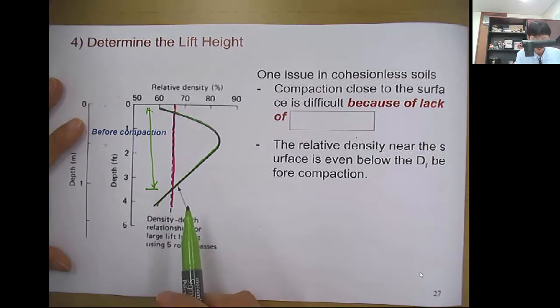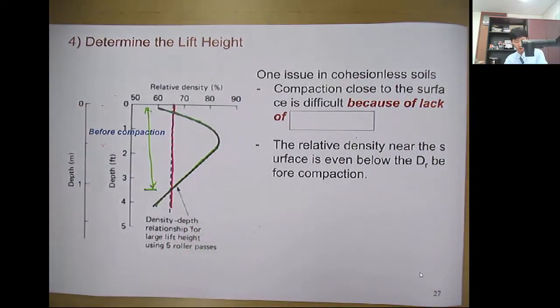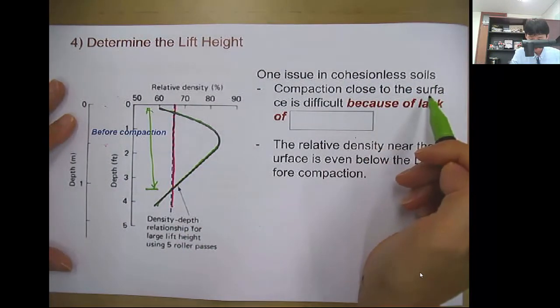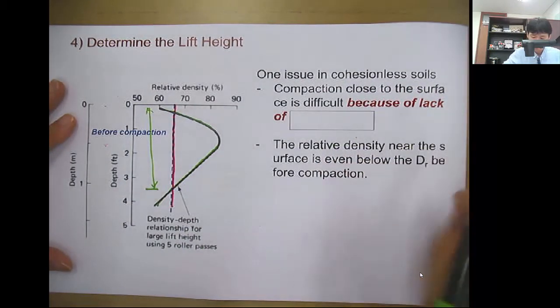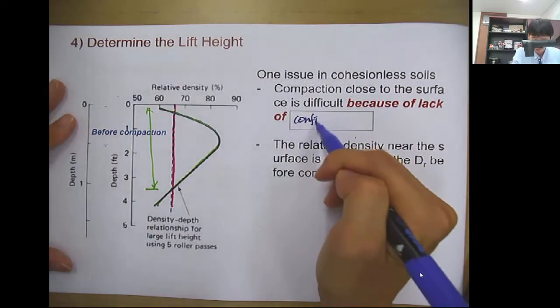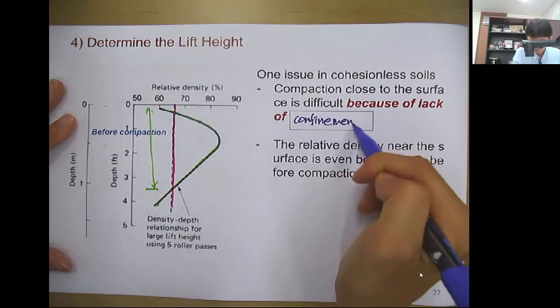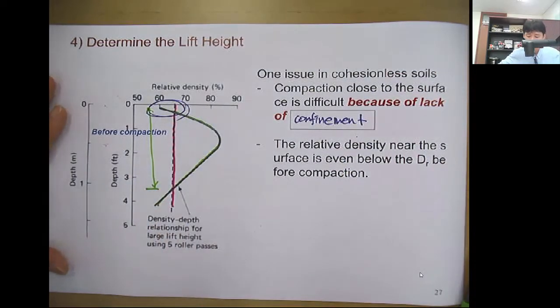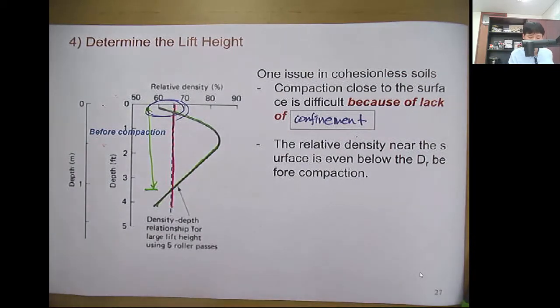But one thing that you want to notice is that one issue in cohesionless soil is that compaction close to the surface is very difficult because of lack of confinement. So you can see that in this area, the relative density near the surface is even below the relative density before the compaction.